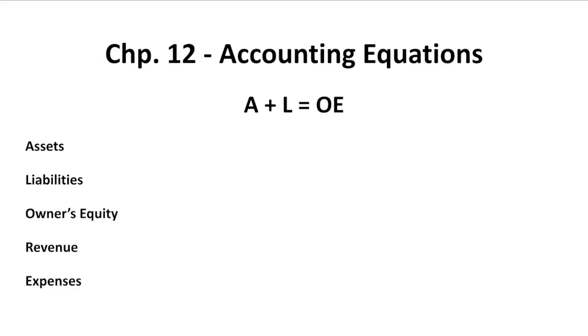Assets are the things that are going to provide future economic benefits to a company. I'm going to give examples both of personal assets and then company assets. For personal assets, you may have a checking account, a savings account, you could own a car, maybe even own a home. All of those things would be assets.